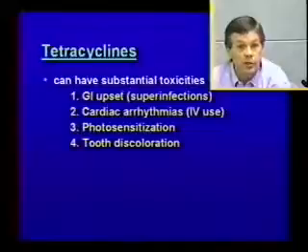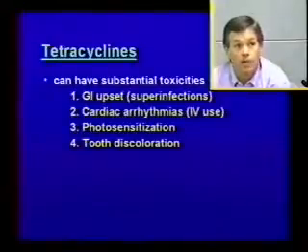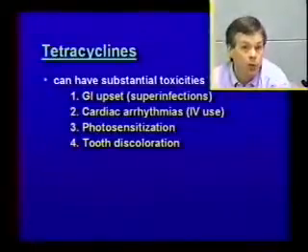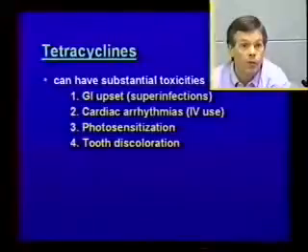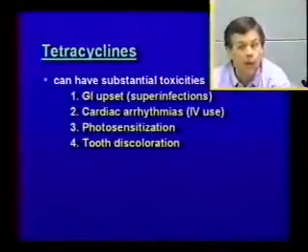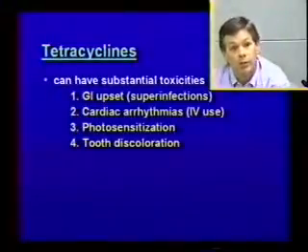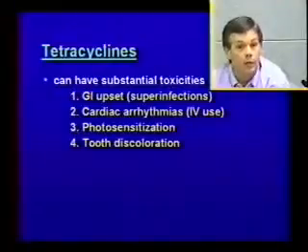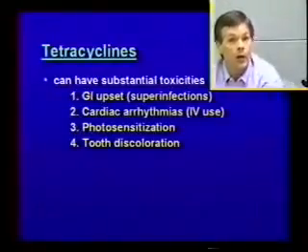The toxicities associated with tetracyclines, more general ones here, certainly GI upset, and then some very specific ones that are noteworthy with regard to the tetracyclines. Certainly these agents have been associated with a fair incidence of cardiac arrhythmias. They are well known to make animals and humans more sensitive to sunlight, and so there's the possibility of damage to skin that isn't properly covered by fur or hair.